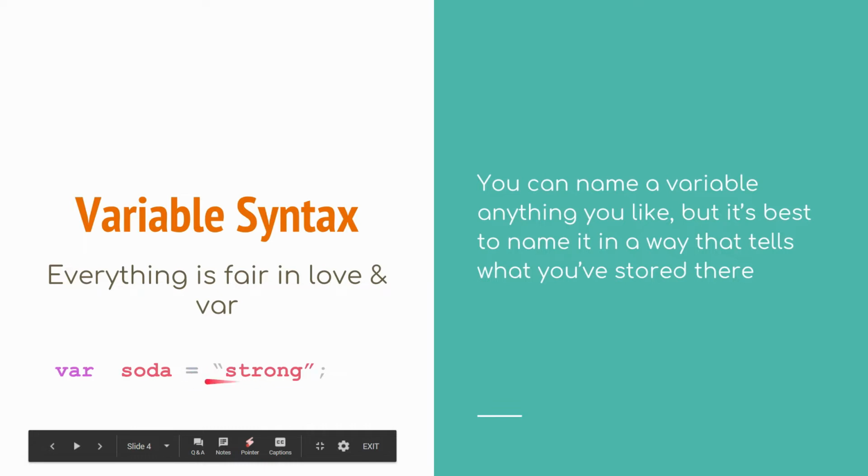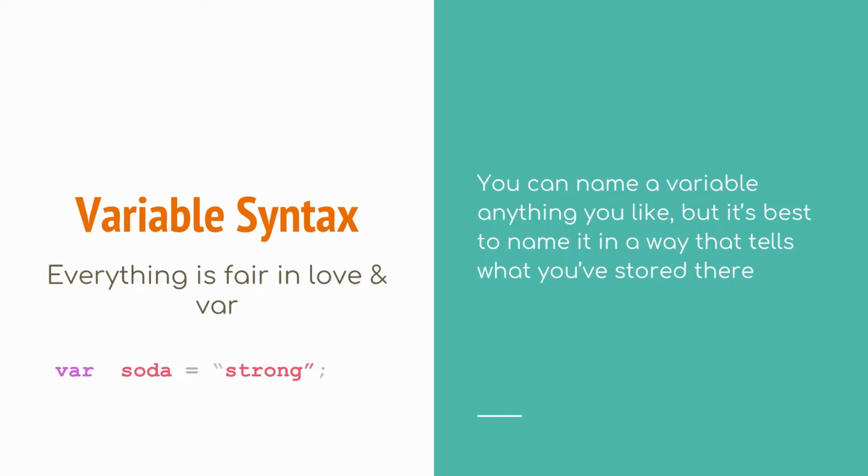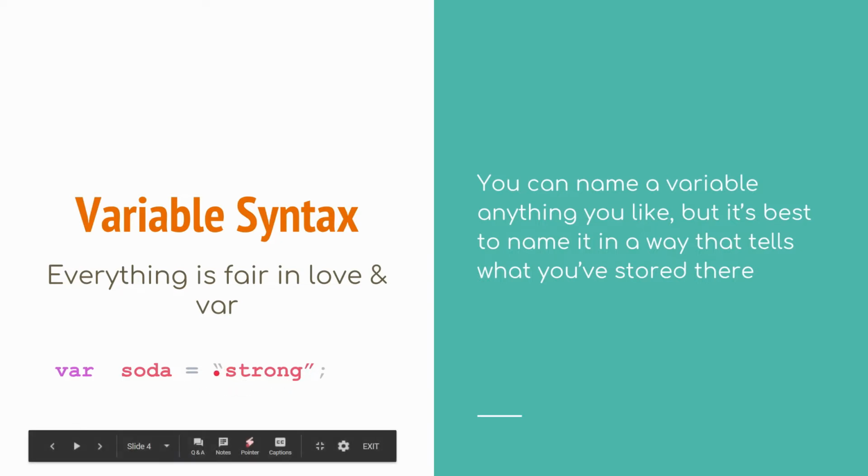Here I have given the value strong, which is inside of double quotes. Anything stored inside of double quotes or single quotes in JavaScript indicates that it is a string, and string means that it will be treated as text. So strong is treated as text data which is stored inside of the soda variable.